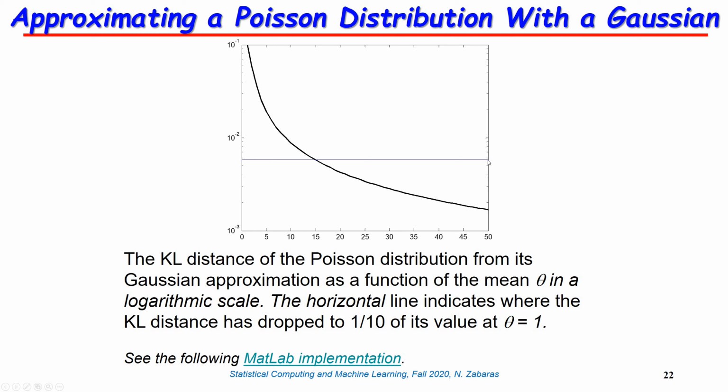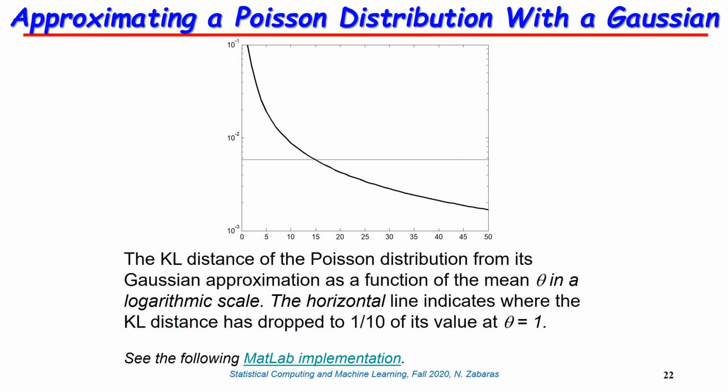And this line that you see here, again with the vertical axis on a log scale, is where the KL distance drops by 1/10 from the value it had when theta was equal to 1. So immediately you can see that the KL distance becomes smaller and smaller, so the approximation becomes better and better as the parameter theta increases.